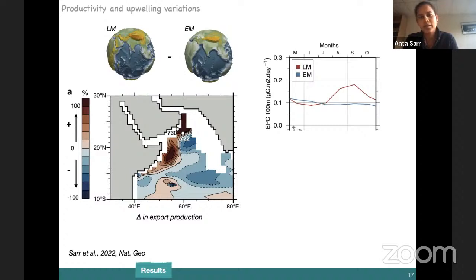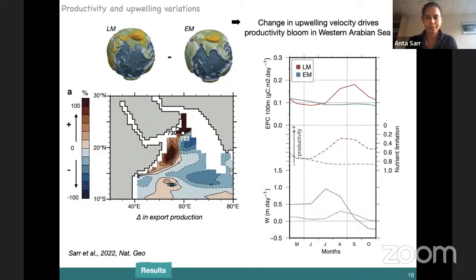You see that the increase in productivity in the late Miocene simulation is sustained by the increase in productivity during late summer, while in the early Miocene simulation the productivity remained low during all this period of time.